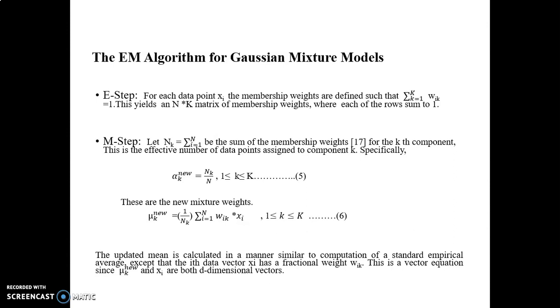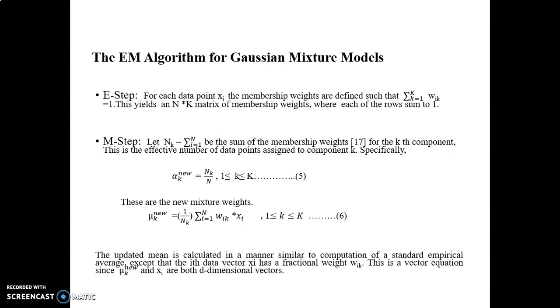Mu k new equals 1 by n k, summation of i equal to 1 to n, w ik multiplied by xi. The updated mean is calculated in a manner similar to the standard empirical average, except that the i-th data vector xi is weighted by a fractional weight w ik. This is a vector equation since mu k new and xi are both d-dimensional vectors.